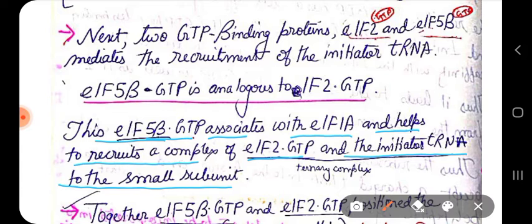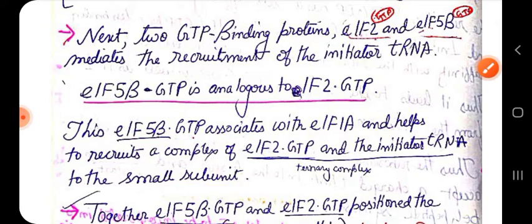So here two GTP-binding proteins come into play: eIF5B and eIF2. eIF5B associates with eIF1A and allows the initiator tRNA to bind to the ribosome, whereas eIF2 is already associated with the initiator tRNA, which allows it to bind to the ribosome.